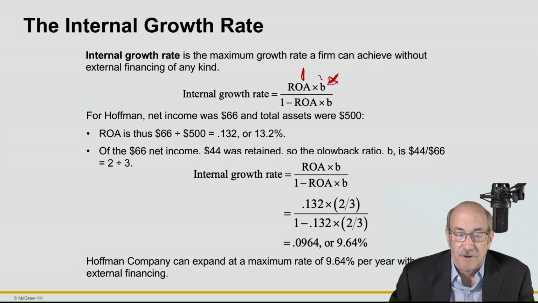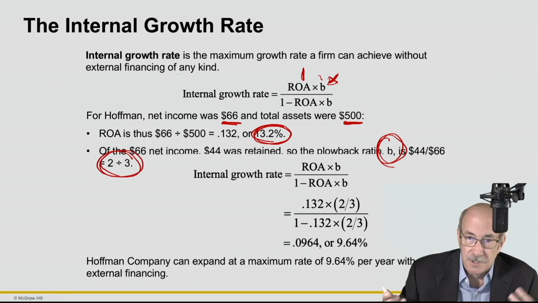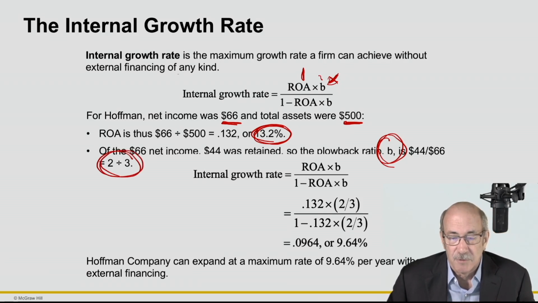So in the case of Hoffman, they had net income of $66. Total assets were $500, and so we can calculate a ROA. 66 is the net income divided by total assets. We get an ROA of 13.2%. All right, and they paid out 1/3, so that means 1 minus that payout rate is the plowback ratio, or B, and that would be 2/3, or about 66, 67%.